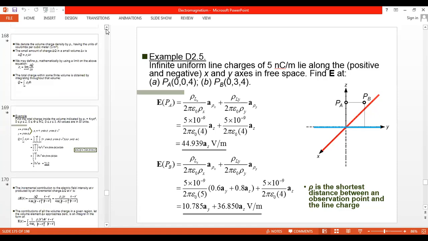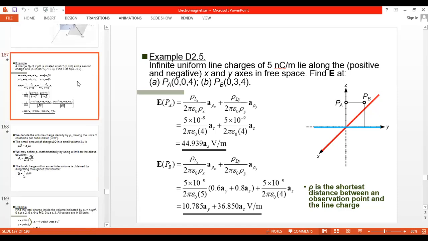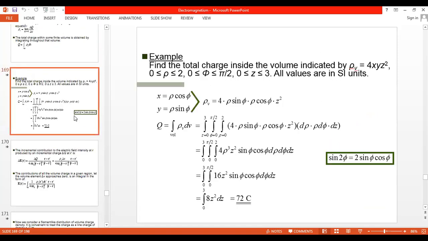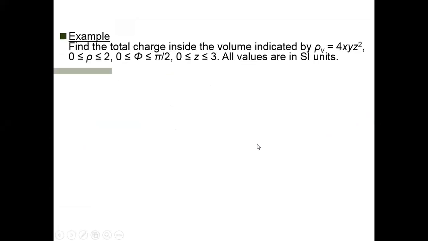Very quickly, let us have a look here. First, let me start with this question, then it will be better. Find the total charge inside the volume indicated, where rho v is given as 4xyz square, where the limit of rho is 0 to 2, phi is 0 to pi by 2, and z is 0 to 3.